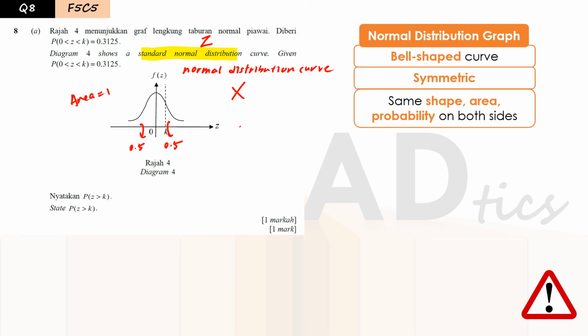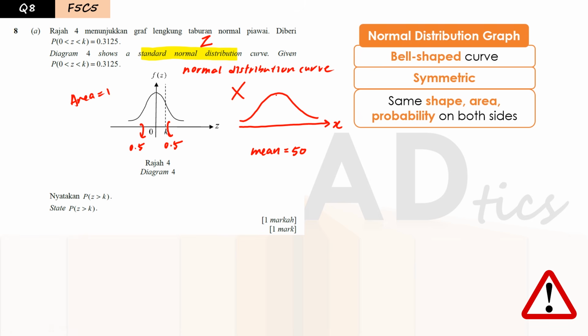So let us draw out a normal distribution curve first. The x-axis here would be using X, and then there will be this bell-shaped curve. But the difference is, whether it has the y-axis or not depends on the normal distribution. Let's say the mean here is 50.